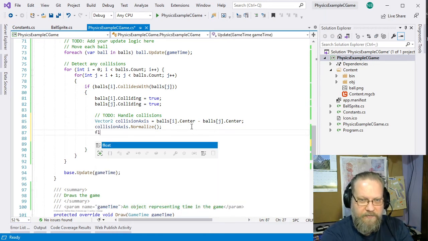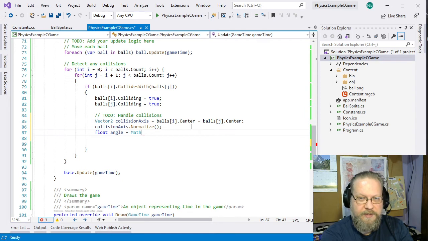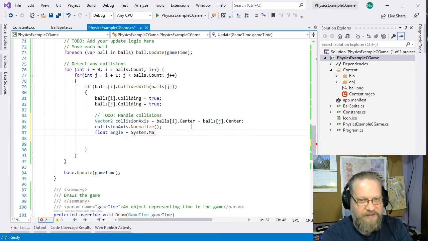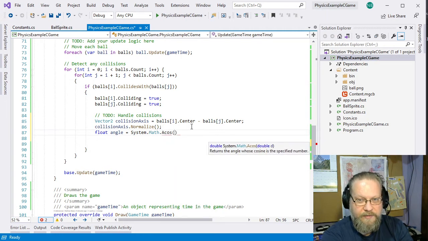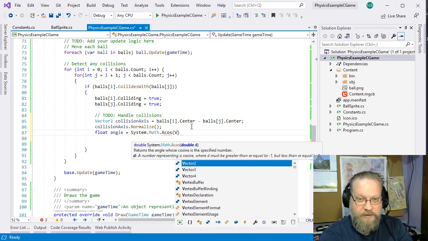So then we can say float angle is going to be Math.Acos, and this is actually in System.Math. And then inside of this we just need the dot product because we got rid of the magnitude, because the collision axis is now a unit vector, and we'll use a unit vector in the x direction as well.